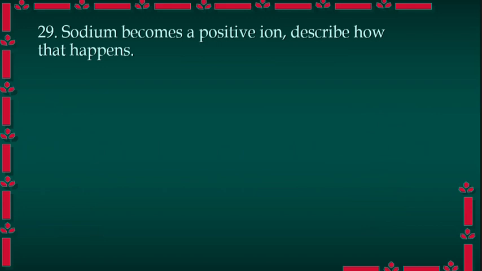So, sodium has 1, 2, 3, 4, 5, 6, 7, 8, 9, 10, 11. How do I know it has 11 electrons? Because on the periodic table it says 11 on it. Okay? What happens if one of those electrons goes away?